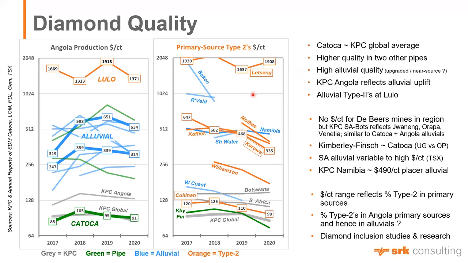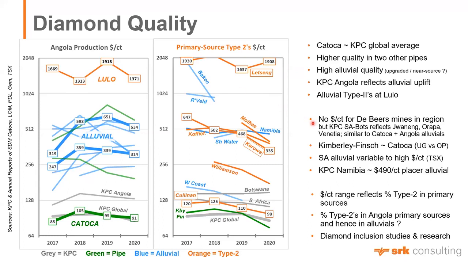The standout type 2 producer in Southern Africa is Letšeng. And interestingly enough, the diamonds that they're producing, their main money-making characteristic, is a similar range as what we get out of alluvials at Lulo. Interesting fact.